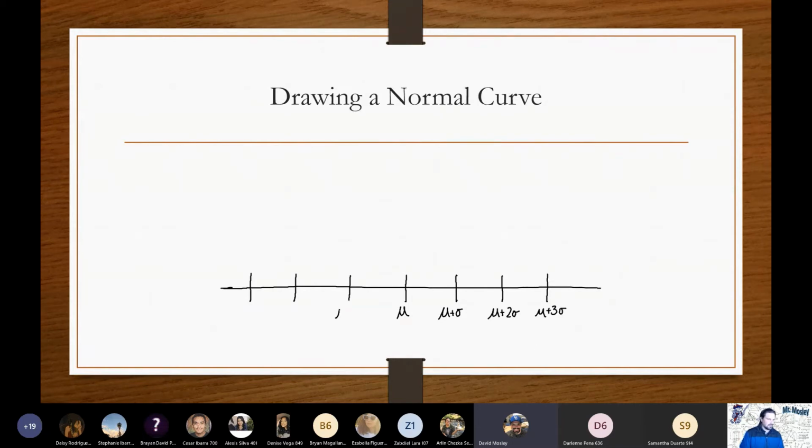To the left, mu minus sigma, mu minus 2 sigma, mu minus 3 sigma. This again would be based on being provided the notation that we have a normal distribution, the mean of mu, standard deviation of sigma.